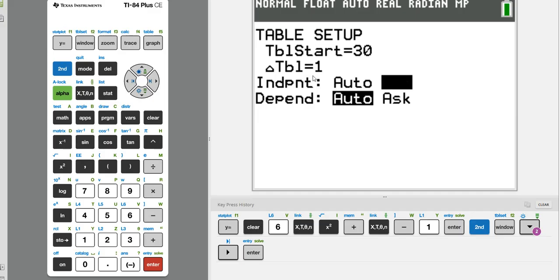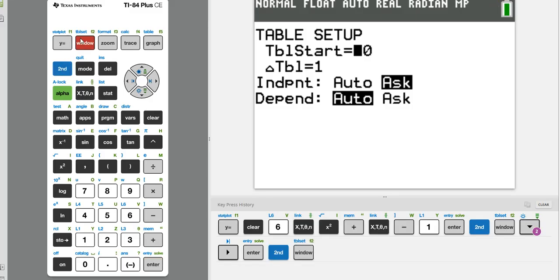These other 2 settings aren't going to matter once you have independent set to ask. Does everyone have that setting? Carly, good on that? All right. Sure. So you're going to hit the second key, then the window key. That'll take you to this menu. And then cursor down and set independent to ask.